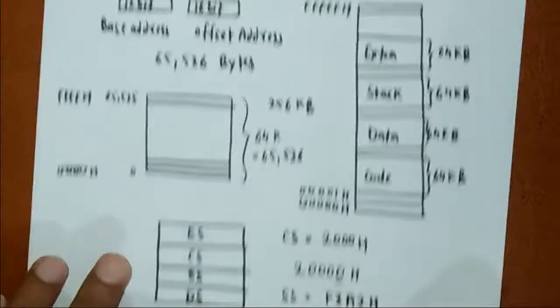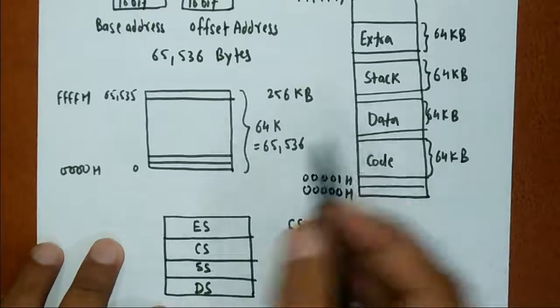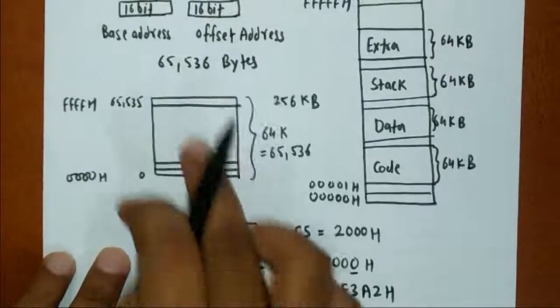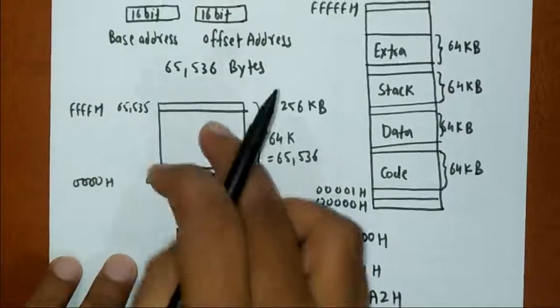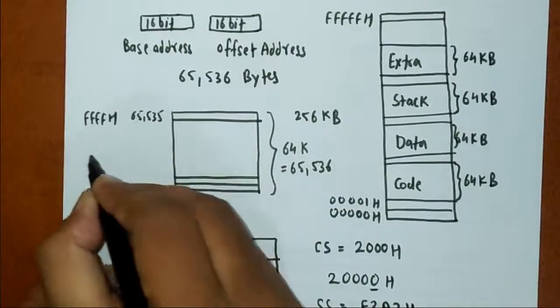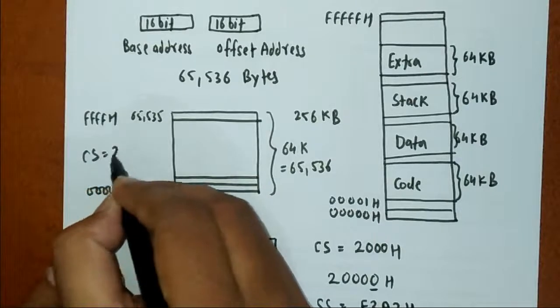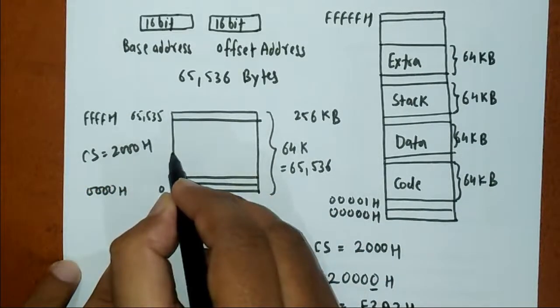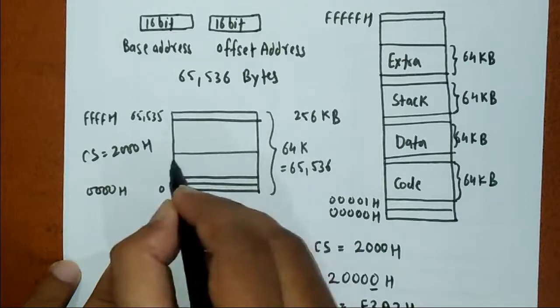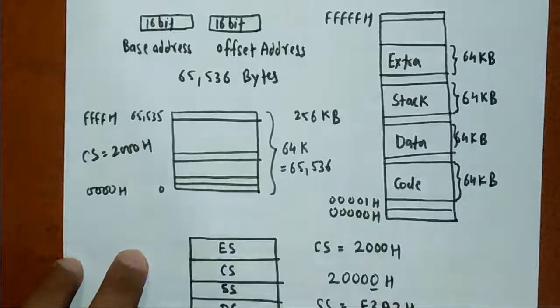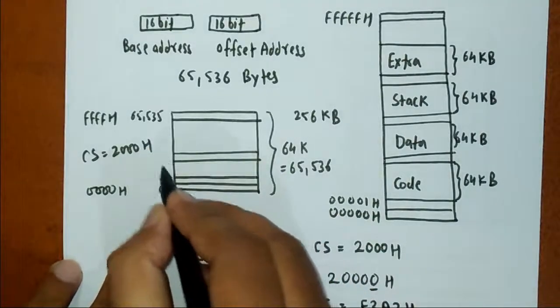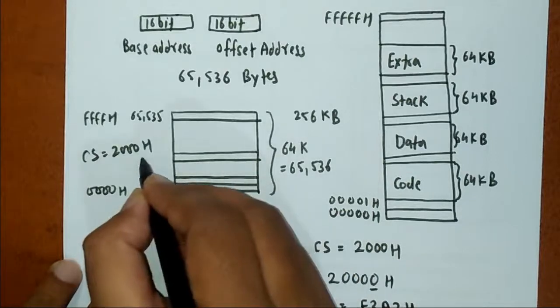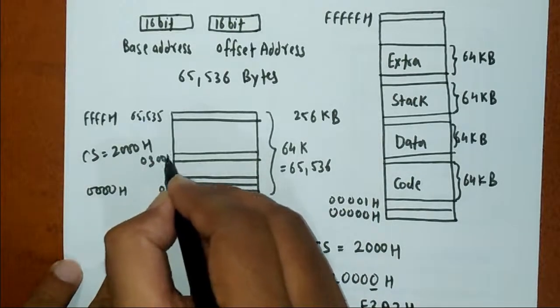Now, how will you get to any particular location in any given segment? For example, assume that for this particular 64 kilobyte of memory, the value of the code segment is 2000H, right? And if I am talking about this location, assume that the serial number of this particular register is 0300H.